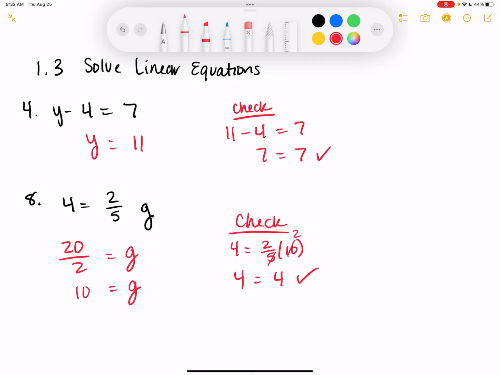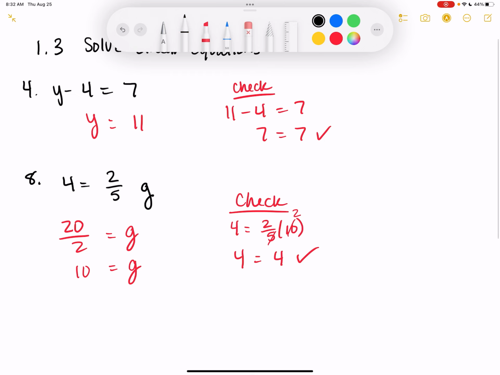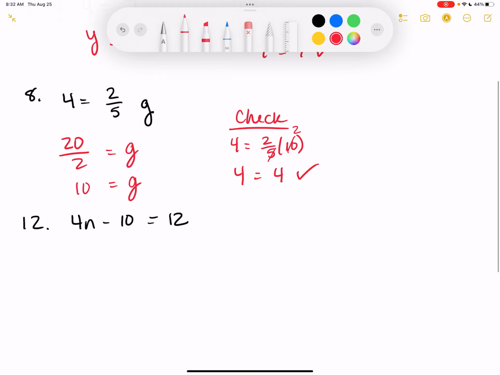Let's see. 12. 4n minus 10 equals 12. So what do I do first with this one? Add 10, so 4n equals 22. Divide by 4, so n equals 22 over 4, which reduces to 11 over 2.